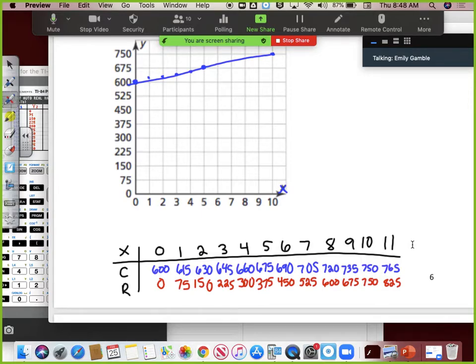Then in red, it's going to be the amount of money that the family would make when people stay in there. So the first point would be 0, 0. So I'd make a point here. The next one is 1, 75, 2, 150. Actually, all of these points are right here on the line, it looks like.